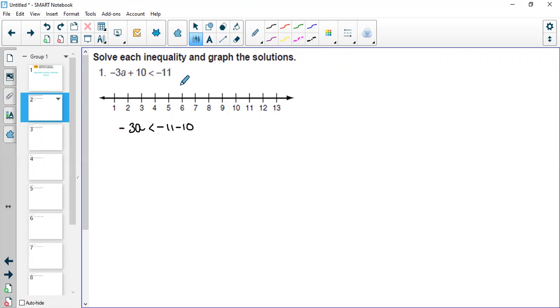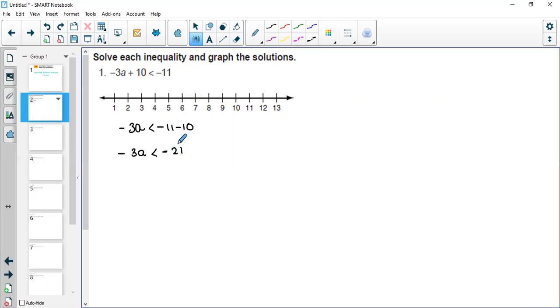So when you move it to the other side, that becomes a negative 10. So negative 3a is less than negative 21, which means you will be adding the two negative numbers. 11 plus 10 will give us 21. Both have the negative signs, so the answer will also definitely have a negative sign.